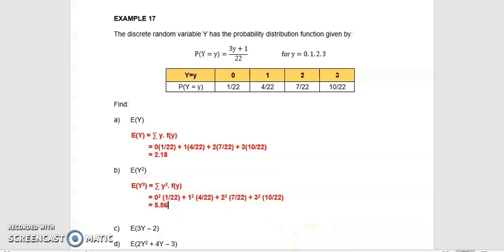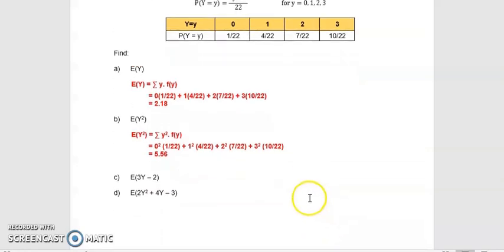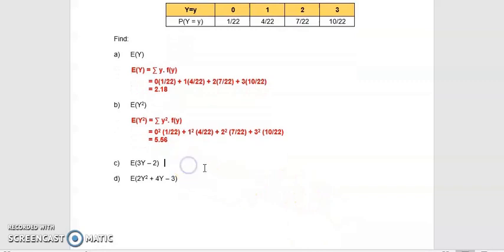Simple calculation only. Next, question C, E[3Y minus 2]. Here you take out the constant.